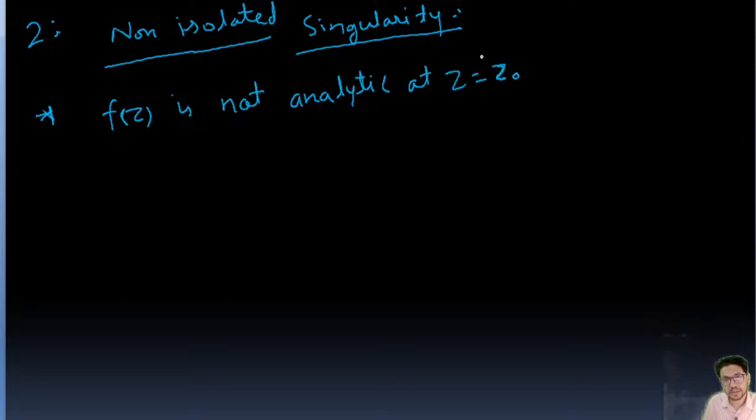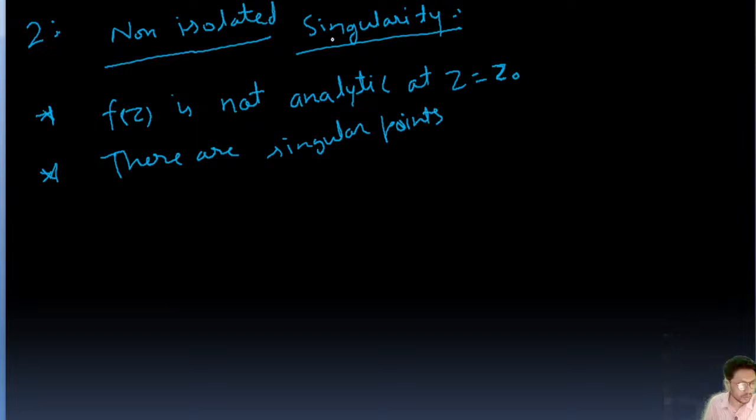And second, there are singular points in the neighborhood of z naught.